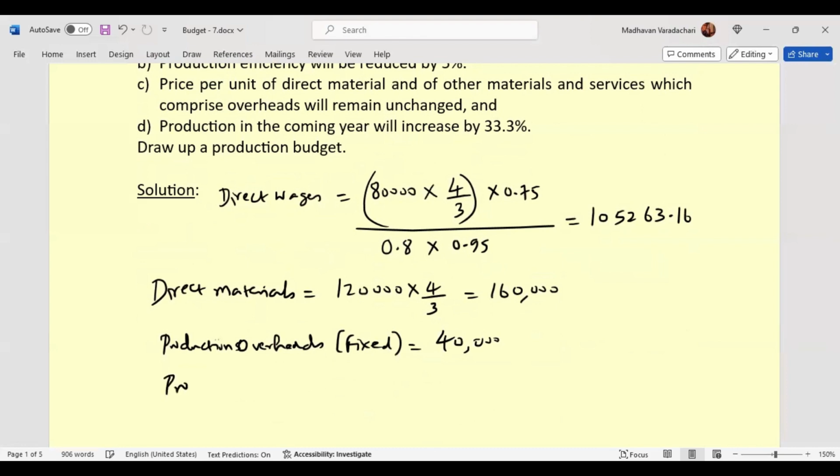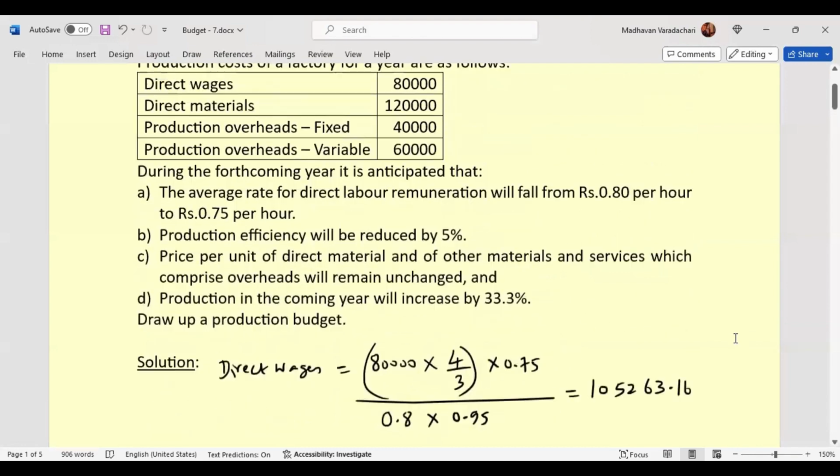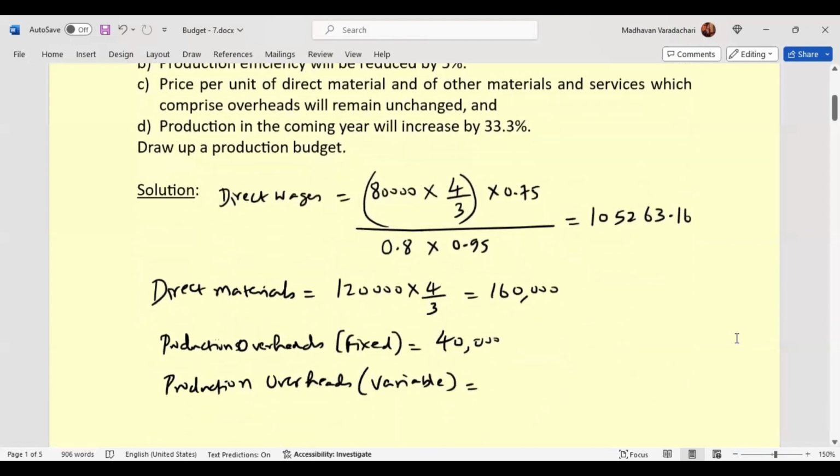Production overheads variable, earlier it was 60,000, that will increase by 33.3%. So 60,000 into 4 by 3, it will be 80,000.